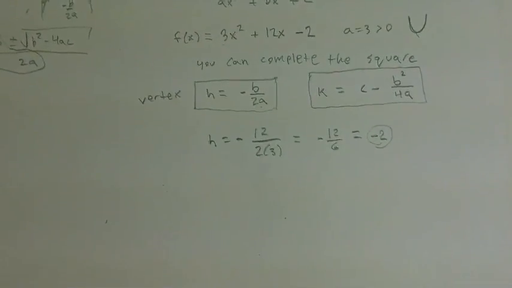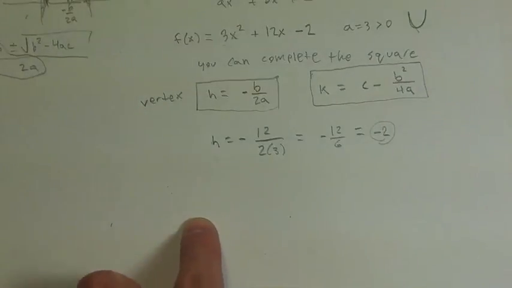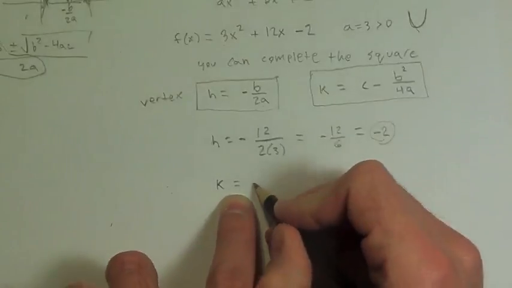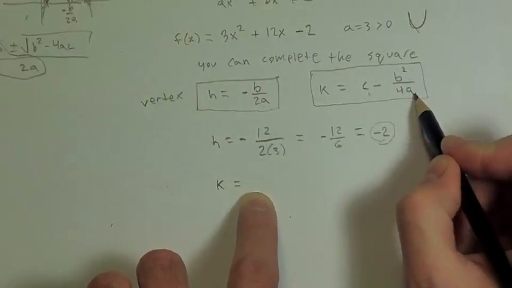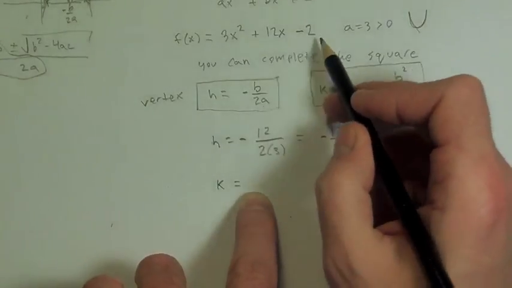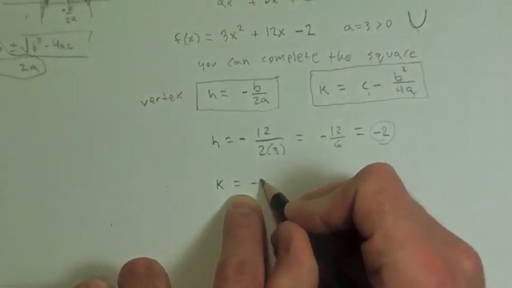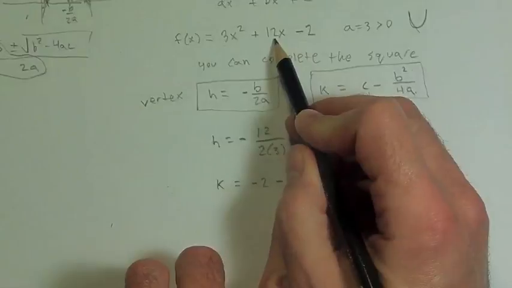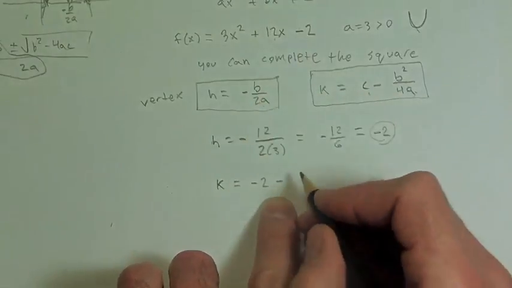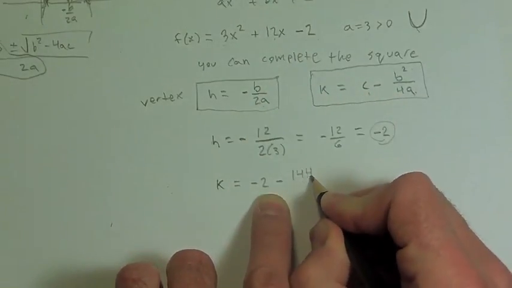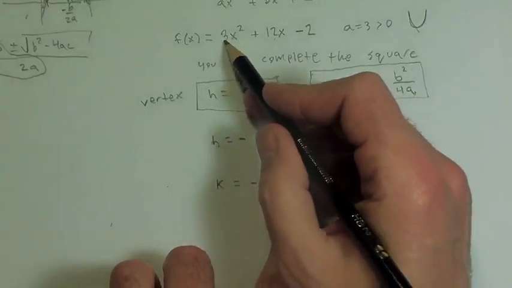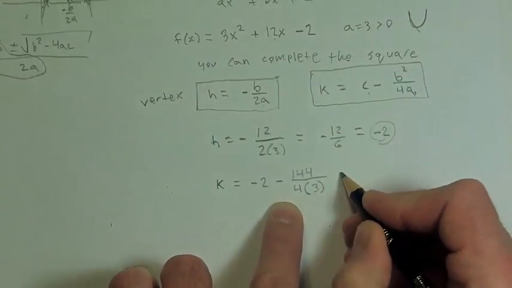Alright. Now, to find our k, k is going to be c minus b squared over 4a. So c here is our negative 2, so it's negative 2, minus, now b squared, b is 12, so that's going to be 144 over 4 times a, in this case that's 3.